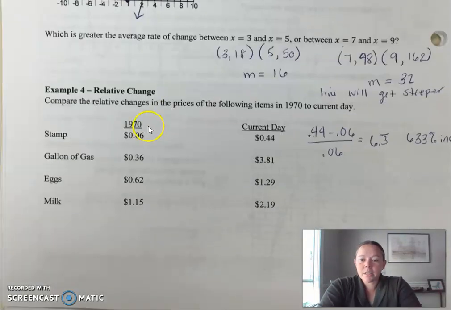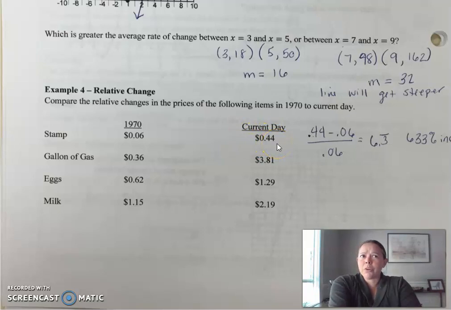Okay, and then the last concept, relative change. So remember, you subtract the 2 values and divide by the original. I only did one example, but I gave you some price changes for a stamp. Back in 1970, it was 6 cents. Current day, I need to update these notes because I know it's more than 44 cents.